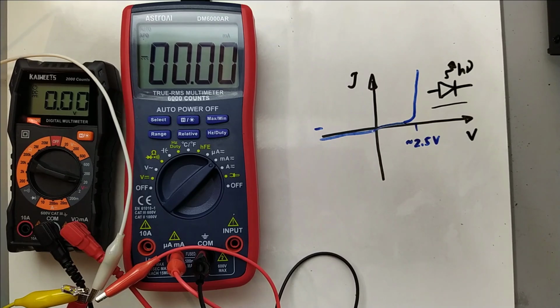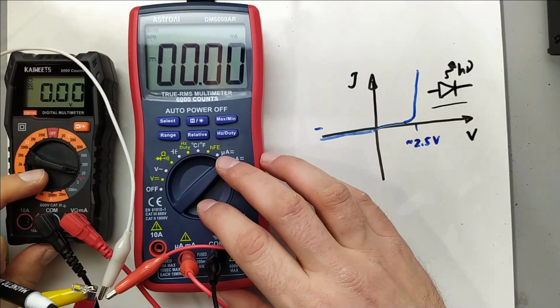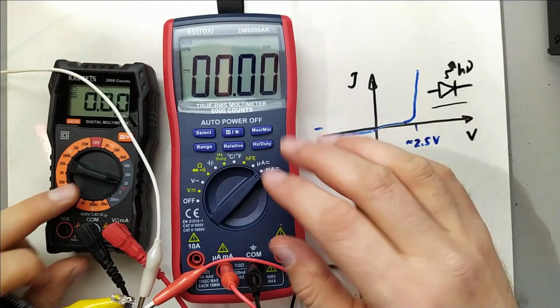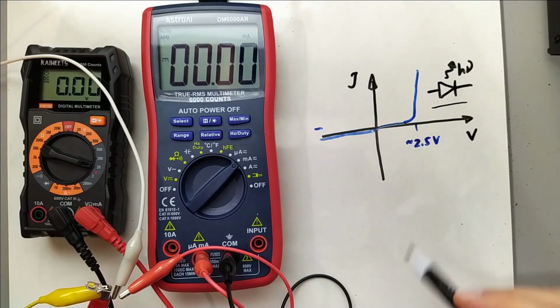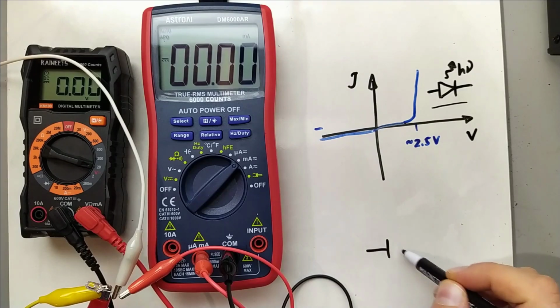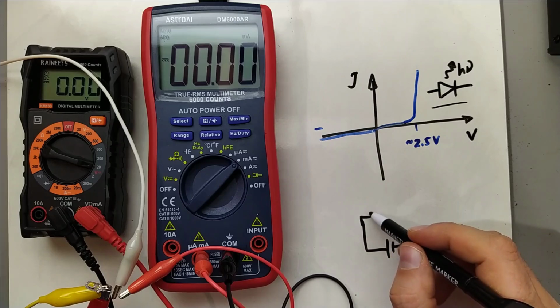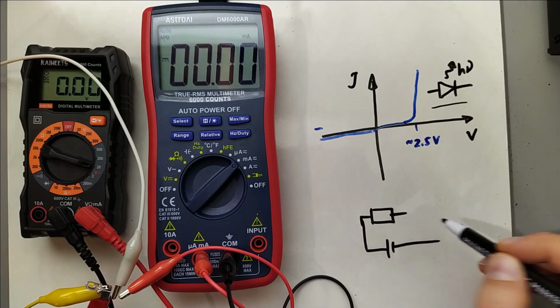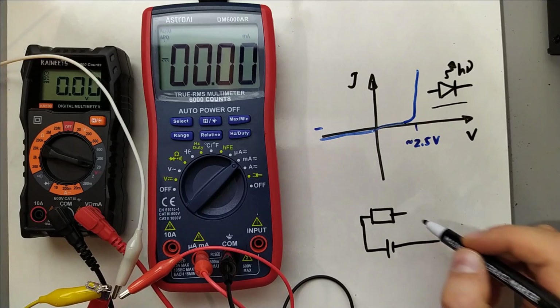Before we finish this discussion, I just would like to highlight two features of ampere meter and voltmeter. So let us draw this electric circuit we started with at the beginning. We have some power supply, we have our resistor or diode, whatever we want to measure current voltage characteristic of.